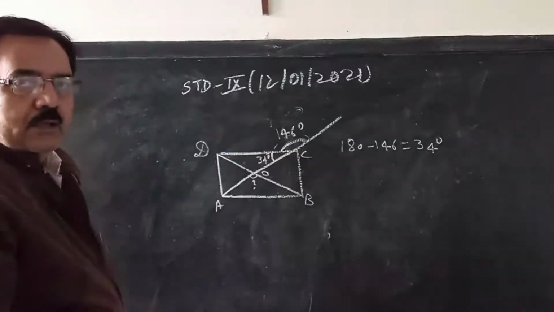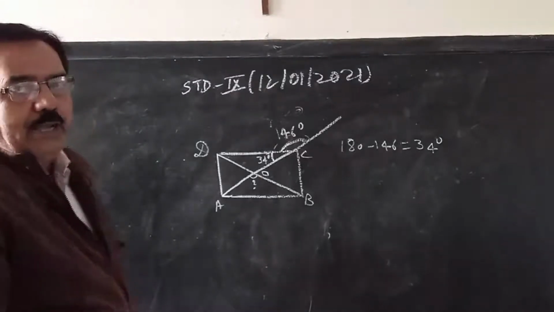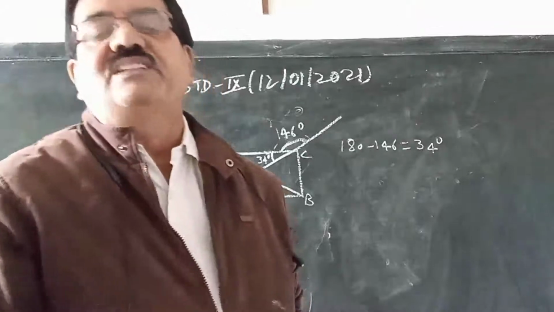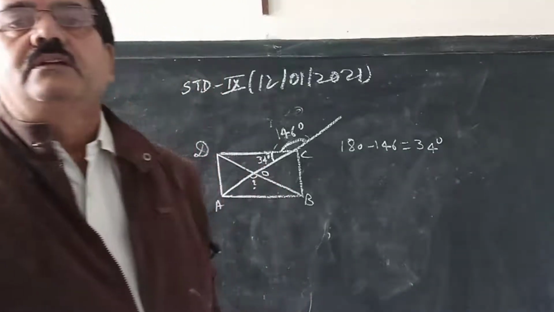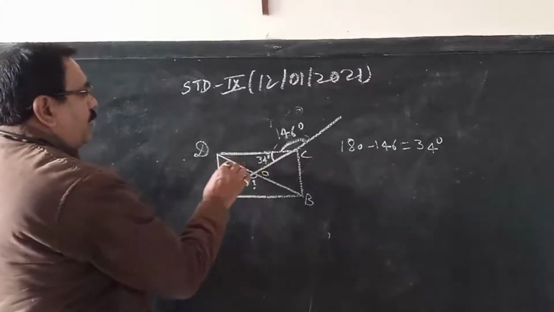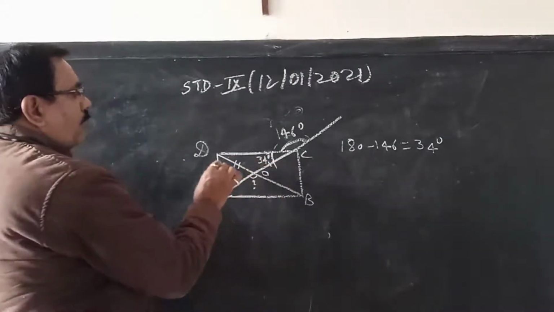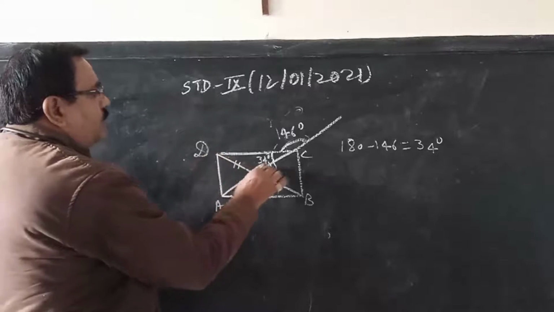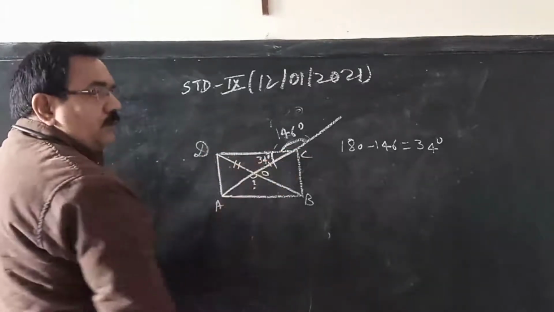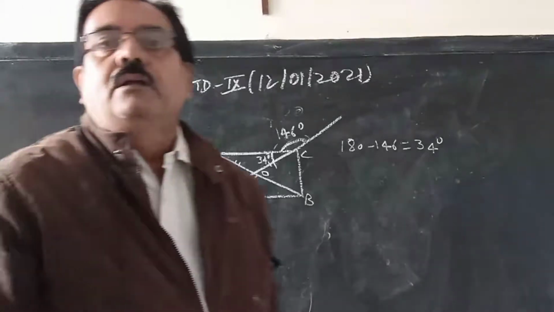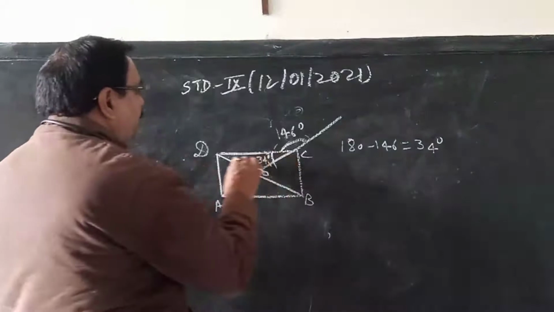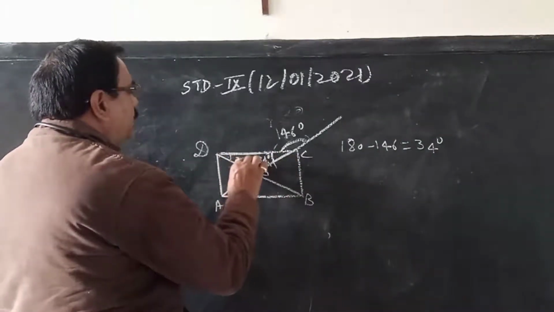Now, as we know, the diagonals of a rectangle are equal and also bisect each other, which means OC and OD are equal. Now come to triangle DOC. This is a triangle in which two sides are equal. When two sides are equal, their opposite angles are also equal. So this is 34, which means this angle is also 34.